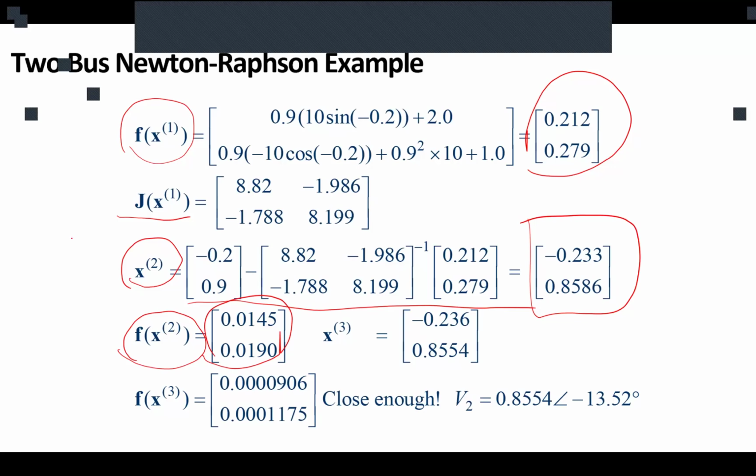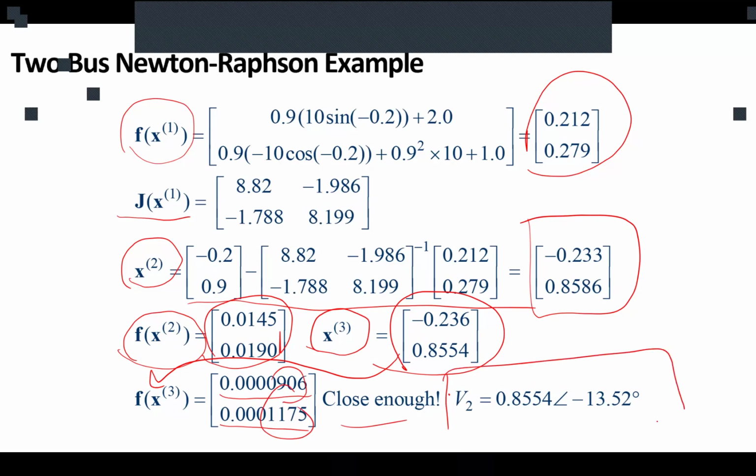We do the same iteration and find the fourth guess. For this guess, we calculate F. We see that now we are quite close to 0, and we say, okay, I'm okay with that small error. Close enough, we accept that.